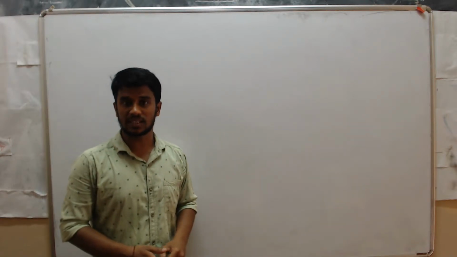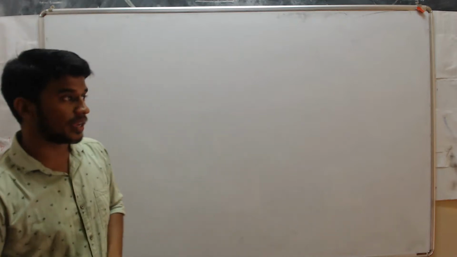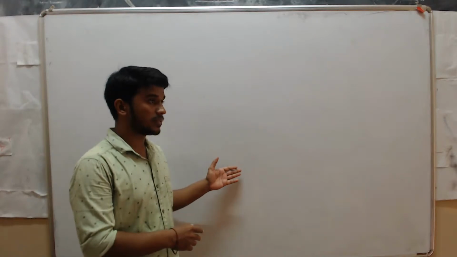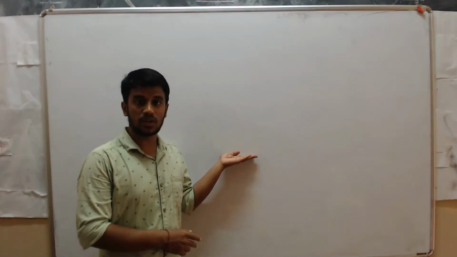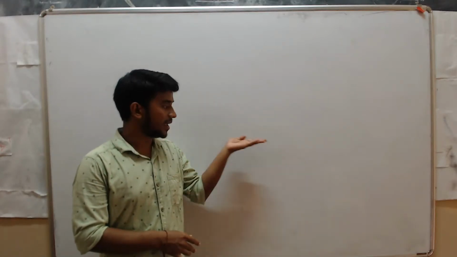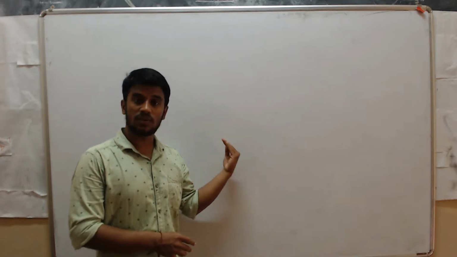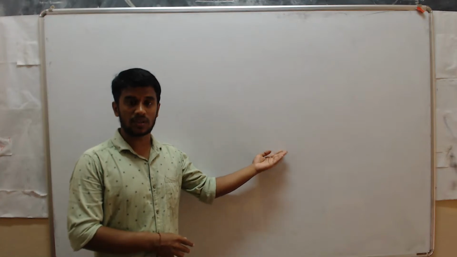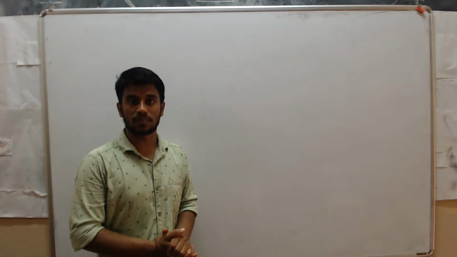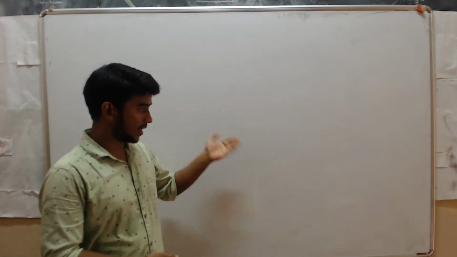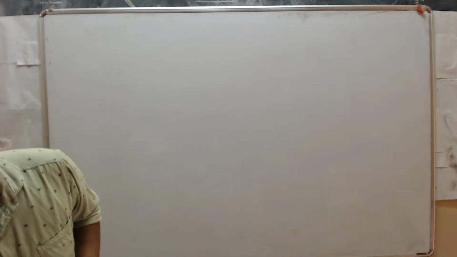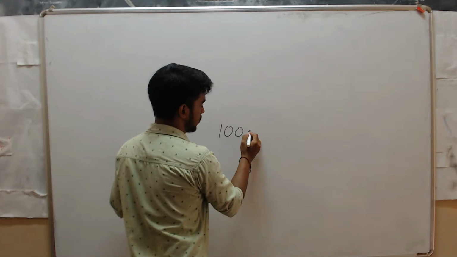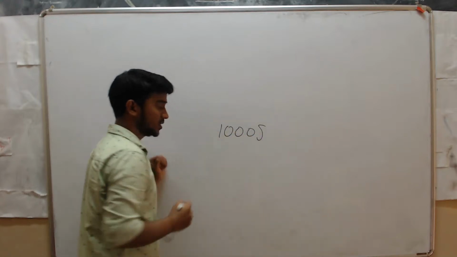While converting, for example hydro energy to electric energy, the energy before conversion and after conversion remains the same. Say before conversion the energy is 1000 joule.